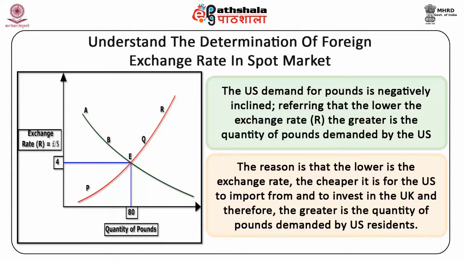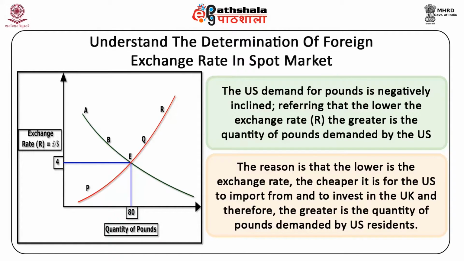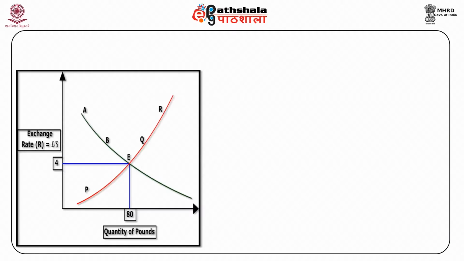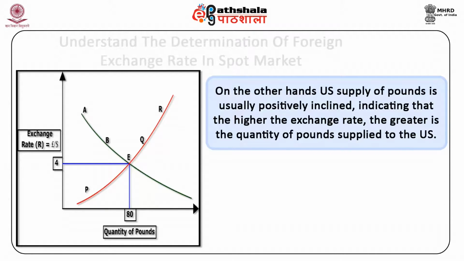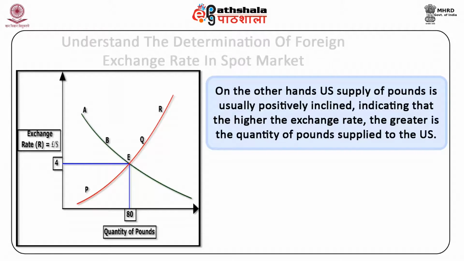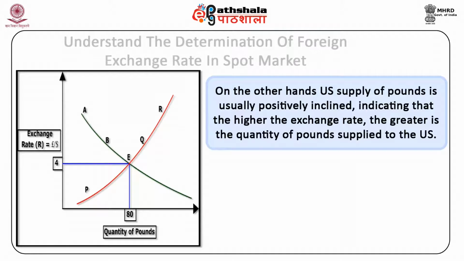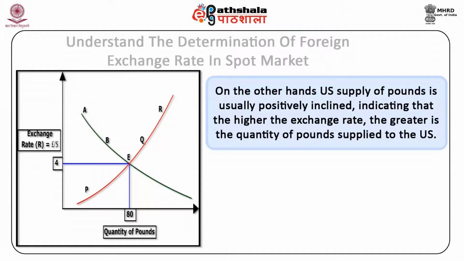The reason is that the lower the exchange rate, the cheaper it is for the US to import from and to invest in the UK, and therefore the greater is the quantity of pounds demanded by US residents. On the other hand, the supply of pounds is usually positively inclined, indicating that the higher the exchange rate, the greater is the quantity of pounds supplied.